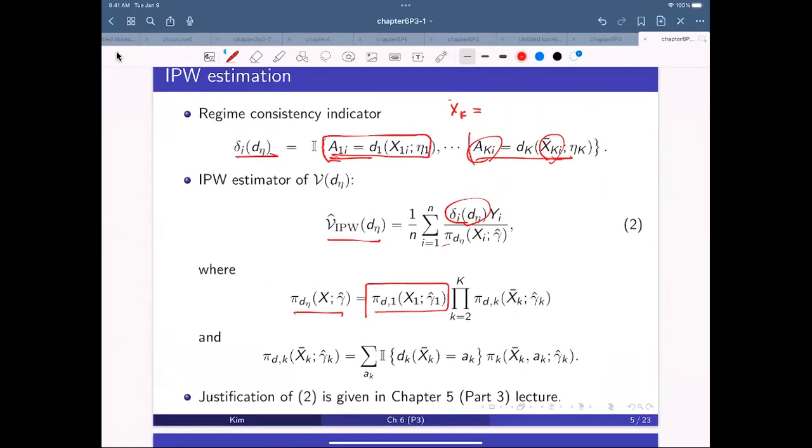So what is the conditional probability of the A_k? In that equation, there should be A bar k minus 1, right? A_k, X bar k, A bar k minus 1. This should be the history: X bar k, A bar k minus 1. Or you can use A bar.